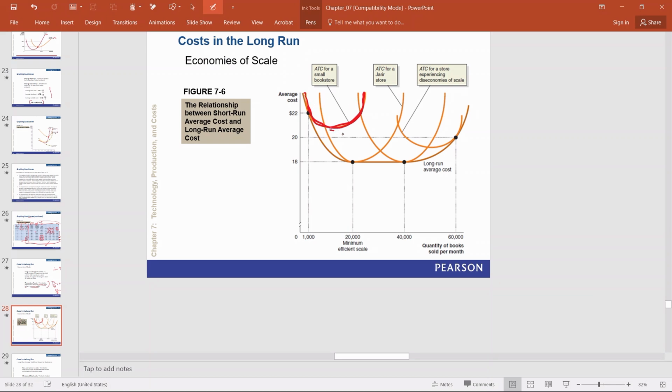It has a minimum level here. These costs are in the short run. In the short run, as we studied before, all of them are U-shaped. This is average total cost, not fixed cost. Fixed cost plus variable cost gives average total cost, so it's U-shaped, and this is in the short run.